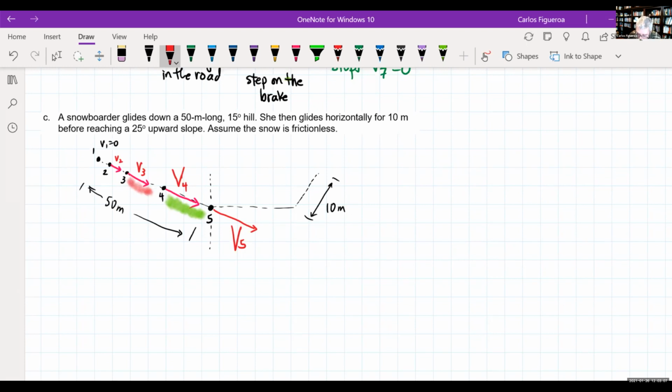What I mean by magic is V5 instantly changes direction. And as it changes direction, the speed here at 5 is the same as if it was going straight down. So then I continue here.